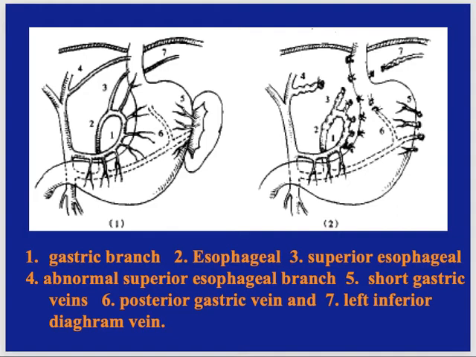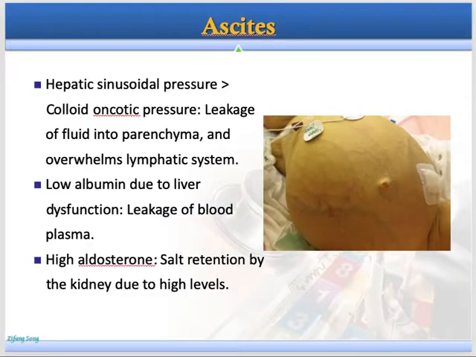One of the things is ascites. It's not the surgeons who treat that, because if someone has ascites and their tummy is too much distended and it is causing a lot of discomfort to the patient, they take out the fluid. We call it abdominal paracentesis.